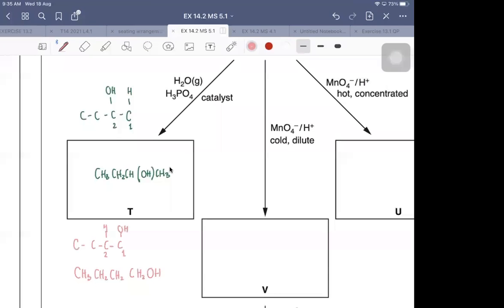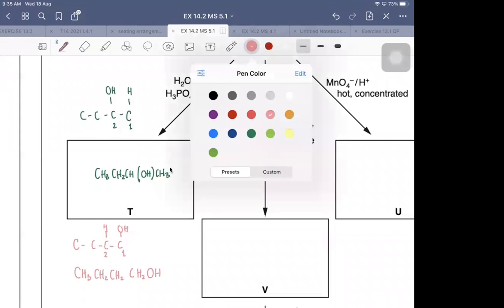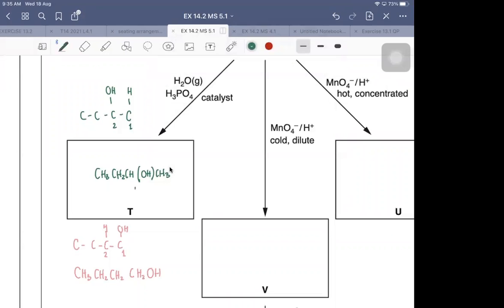So they accept either answer. You just need to write down one answer. But I would go with the first because it is the more stable isomer, or we say it's the major product. You can add that for your future reference because we will cover it under the topic of alcohols. And the other one is a minor product.